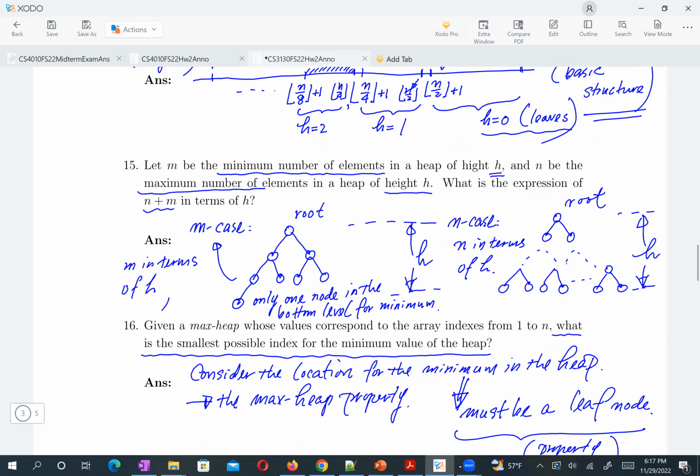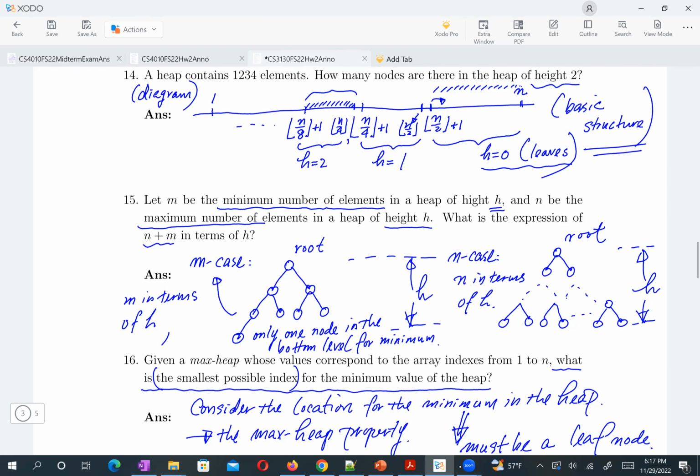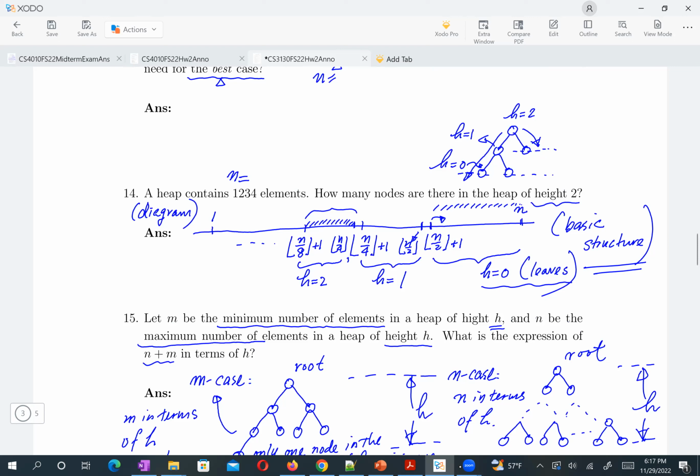And our question is the smallest possible index. Now you get here, the smallest possible index in this subinterval. What's that? You need to find the smallest index in it.